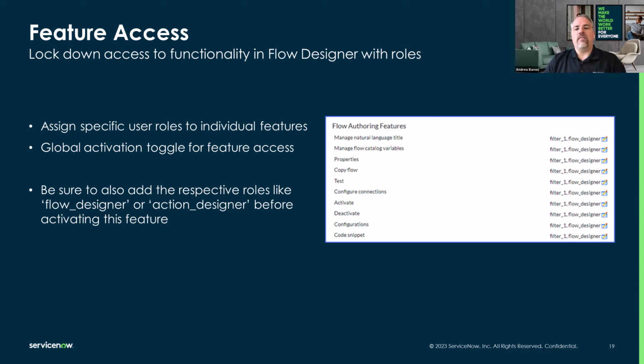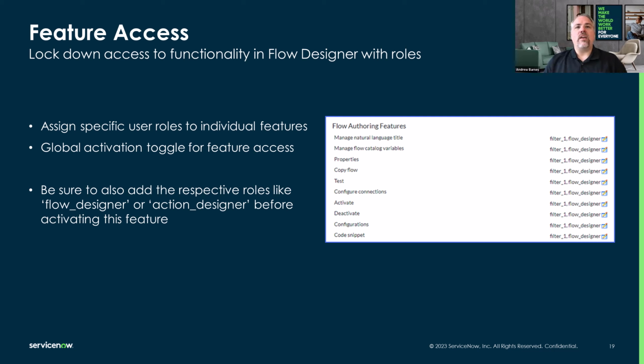So what are some of these flow authoring features? We've got things like testing, being able to copy a flow. There may be times where you have users that you don't want to be able to copy flows. Whether or not they can create a code snippet. There are certainly users that just don't need to be able to do that, so I can just hide that from the interface, and they don't even need to know about it.